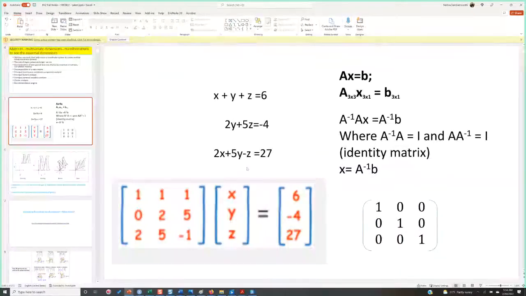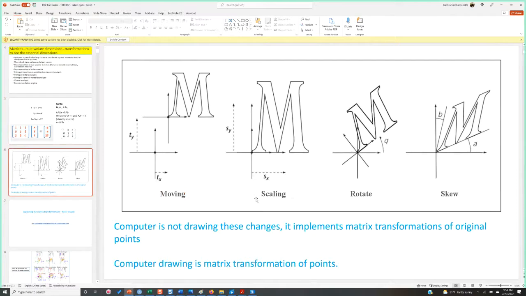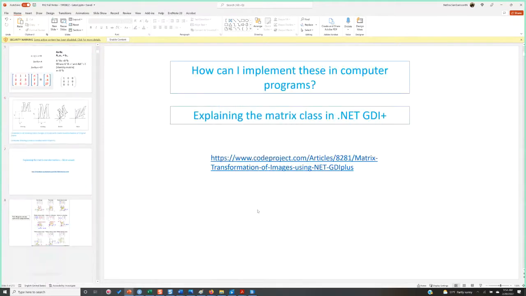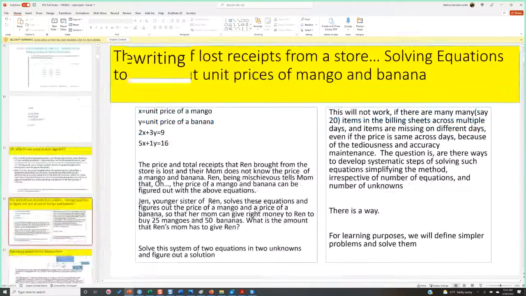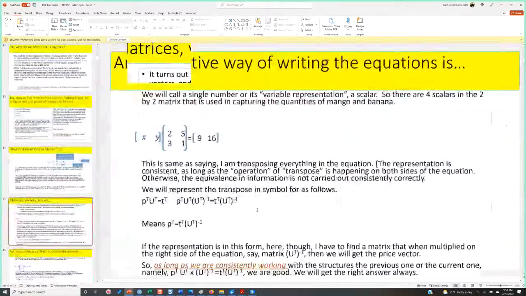I can find a new coordinate system, which is a new Eigen system. So let me go back to this example I worked out.